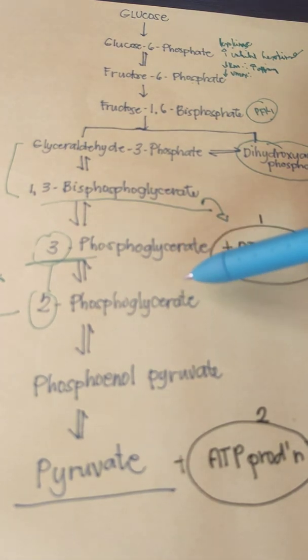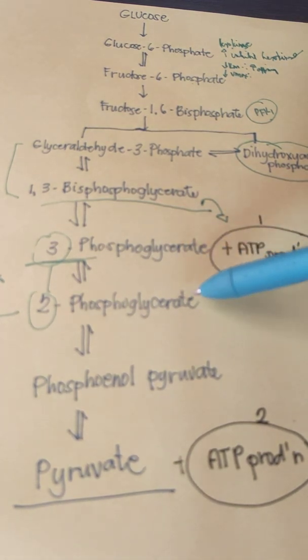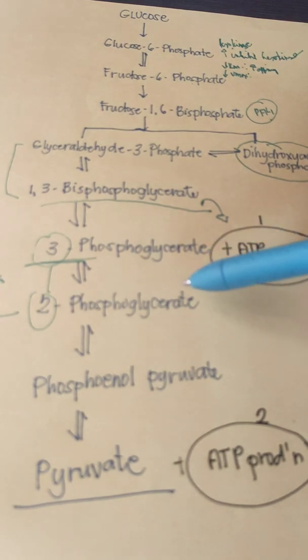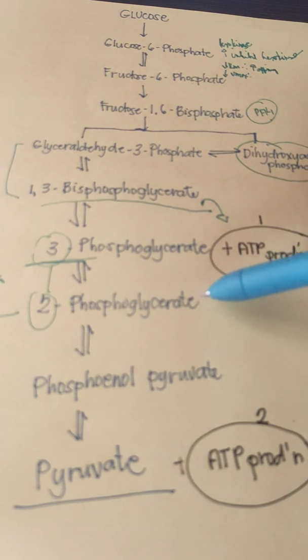So, nandito na tayo sa 2-phosphoglycerate. Your 2-phosphoglycerate, there will be a dehydration by your enolase, thus producing your phosphoenolpyruvate. Take note that during the dehydration by enolase, there will be a redistribution of energy.